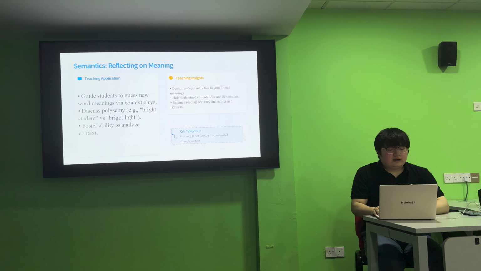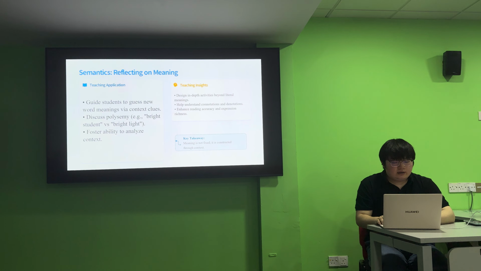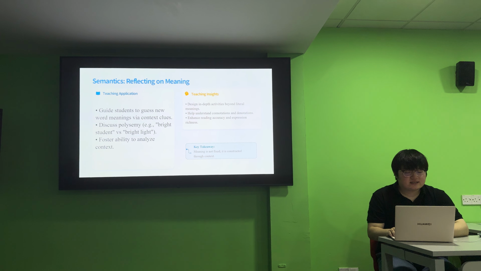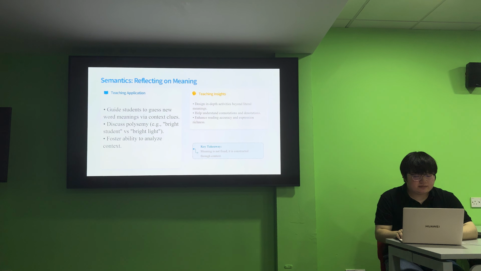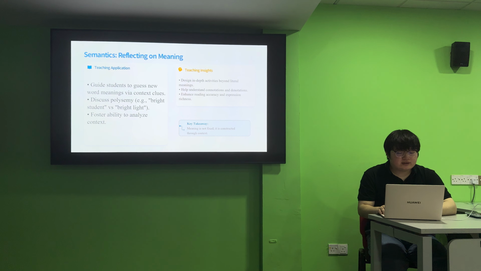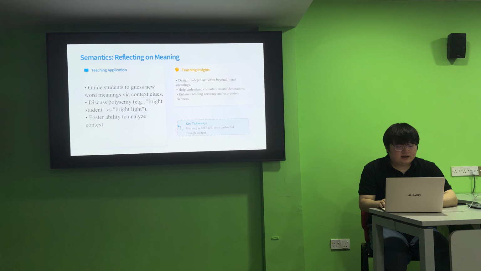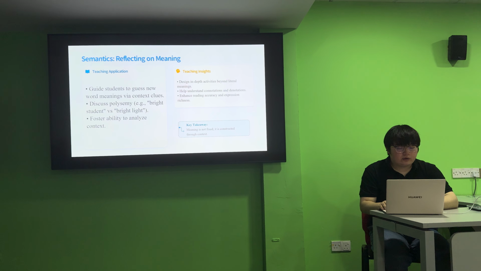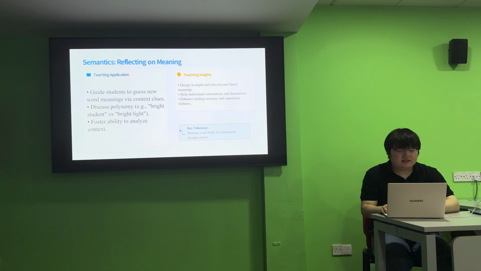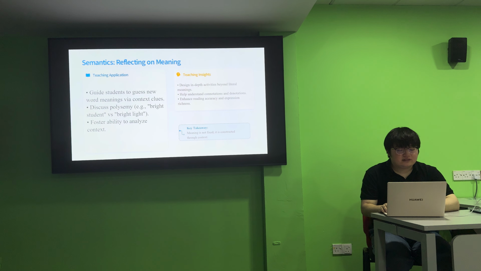Let's move on to semantics, the study of meaning. In vocabulary and reading lessons, explaining meaning relationships is essential. For example, guiding students to guess the meaning of the word "delicious" from context and discussing the different meanings of "bright" in "a bright student" and "a bright light" fosters their ability to analyze context.